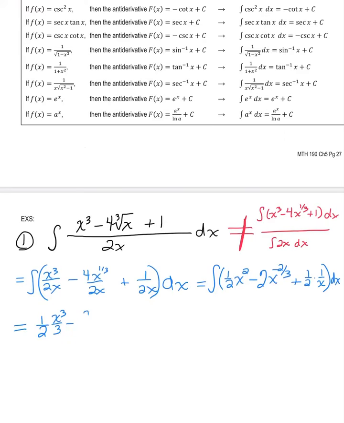And then again, the 2 gets carried along as a constant multiple, and x to the negative 2/3 plus 1, so negative 2/3 plus 3/3 would be x to the 1/3. And again, initially divided by that 1/3, but I definitely want you to clean up those complex fractions.